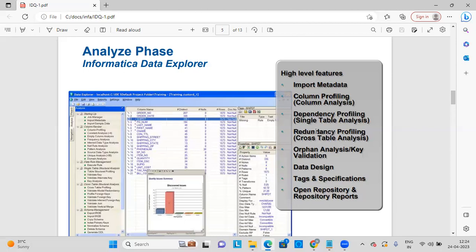In such cases, we go with what? Carrying out cross table analysis. Cross table means more than one table. Let's say department table, employee table, or vendor table and supply table, or customer table with customer category table. Likewise, we can think of several examples where we can carry out cross table analysis.